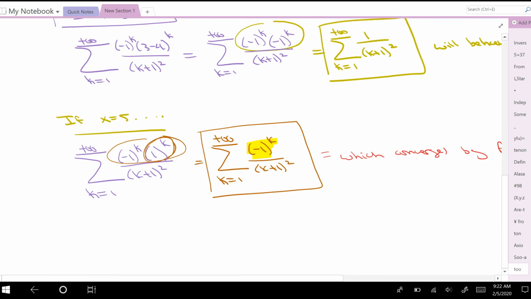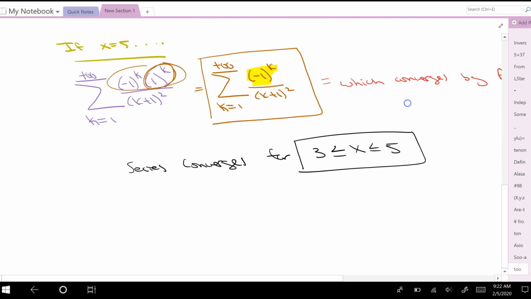It turns out that, at the end of the day, the series converges for values of x between 3 and 5, where both endpoints are inclusive. When you find this final interval of convergence, what you have found here is called the interval of convergence.